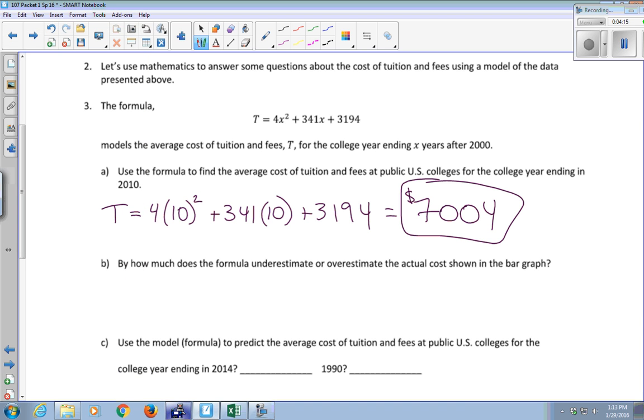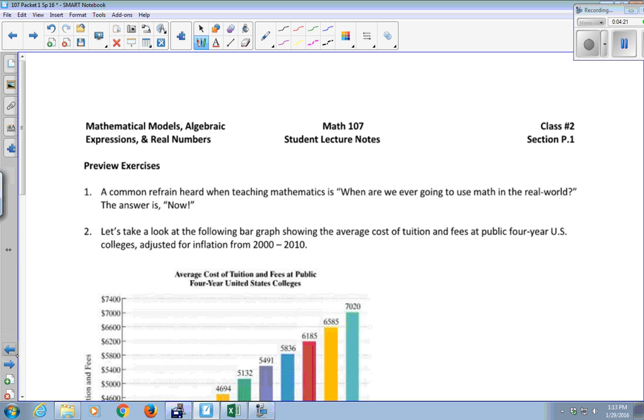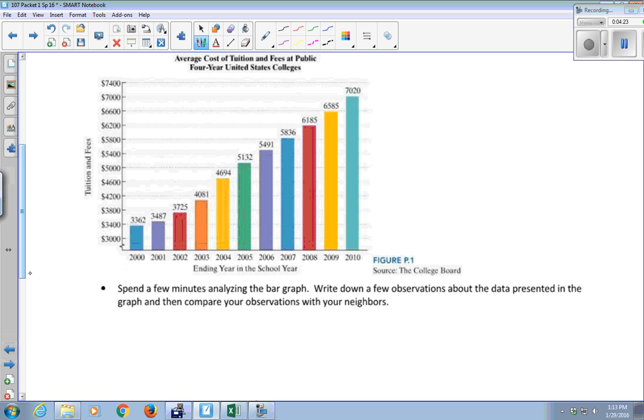Okay, so by how much does the formula underestimate or overestimate the actual cost from the bar graph? So if we go back to the bar graph and look at 2010, the actual value was 7,020. Okay, so this is the actual data, right, collected in the real world. The actual cost was $7,020.